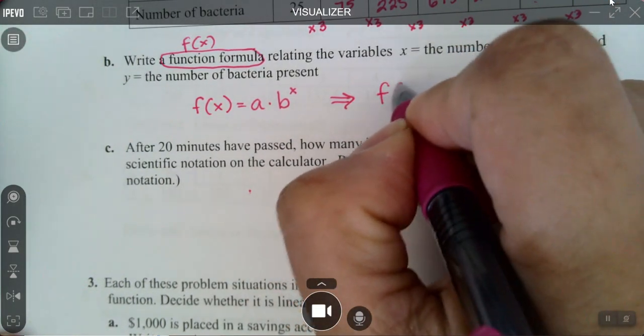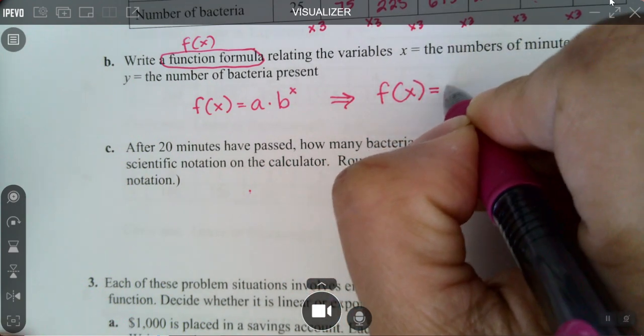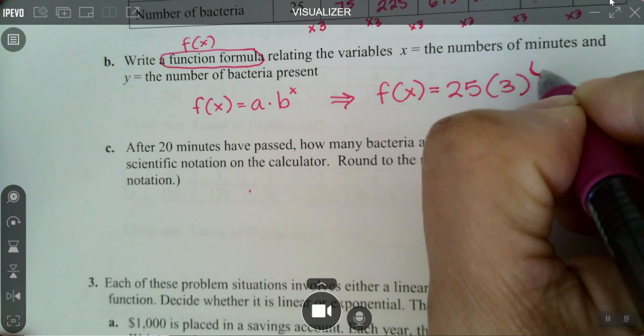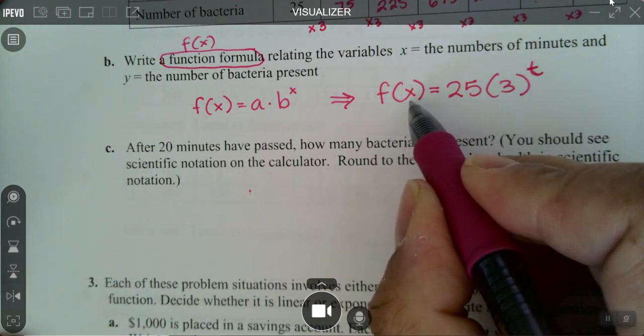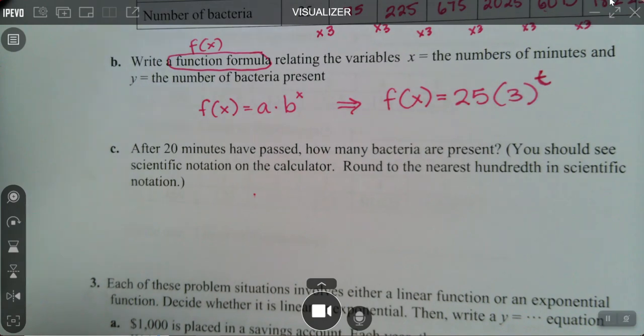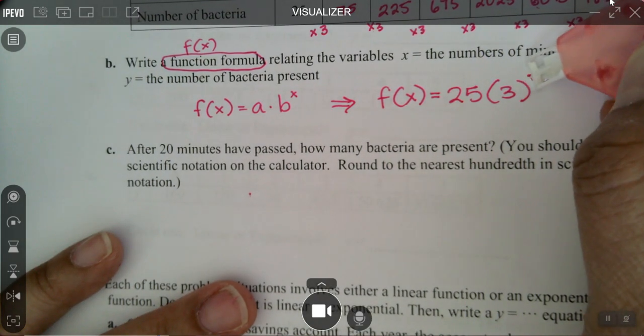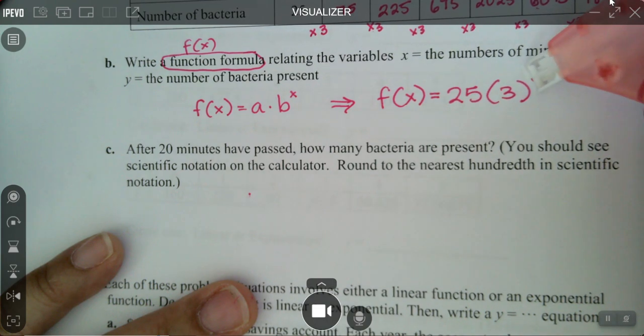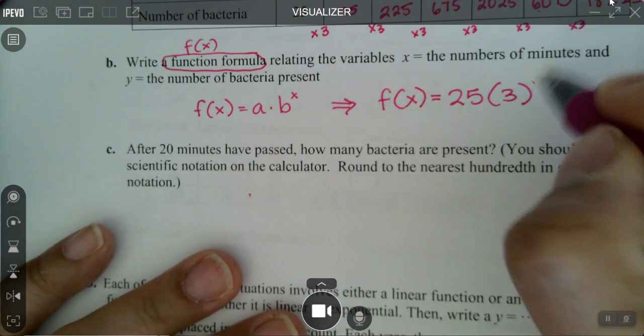So f of x equals 25 times 3 raised to the x. Oops, sorry, this should be x. My bad. They want x because they called x minutes, right? So we should stick to x.